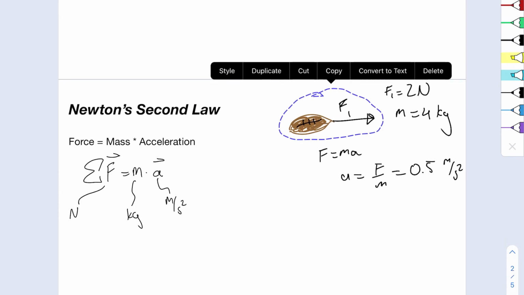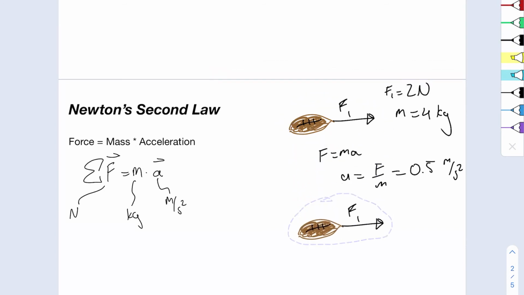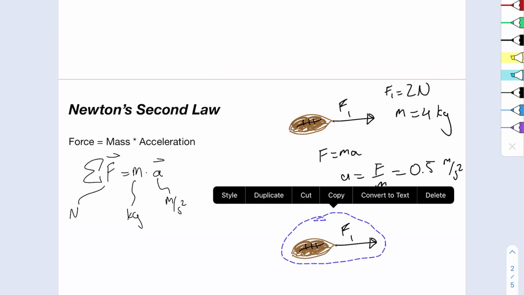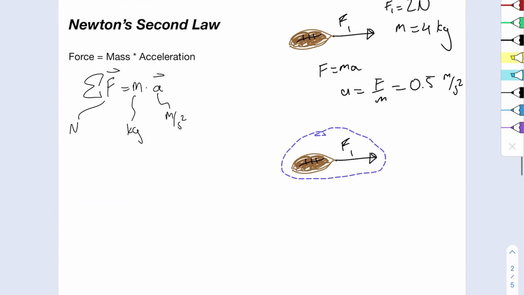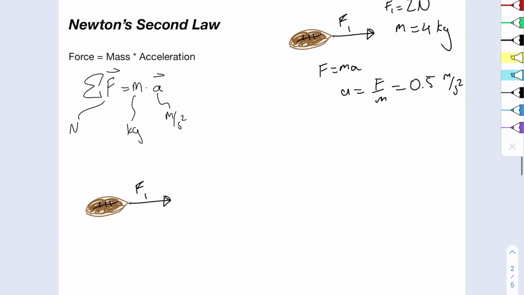We can look at a slightly more complicated example that might show up, which involves the vector nature of forces. Let's say we have another football, and it is experiencing force F1, and also another force, F2.